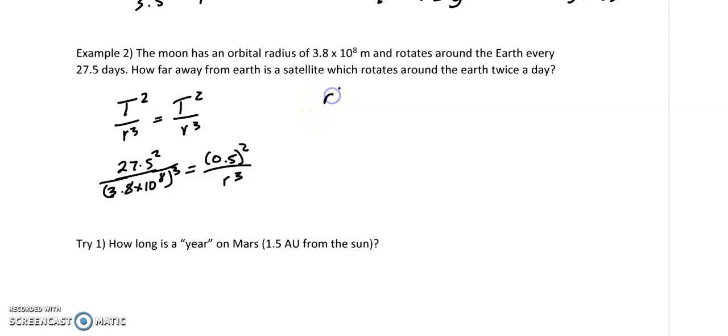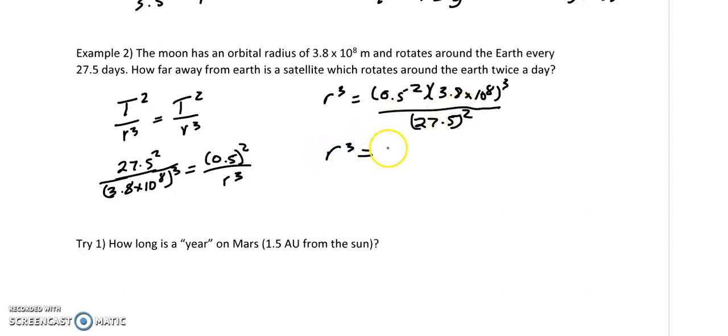So we're going to need to manipulate this around a little bit. 0.5 squared, and we're going to multiply that by the 3.8 times 10 to the 8 all cubed, divided by the 27.5 all squared.